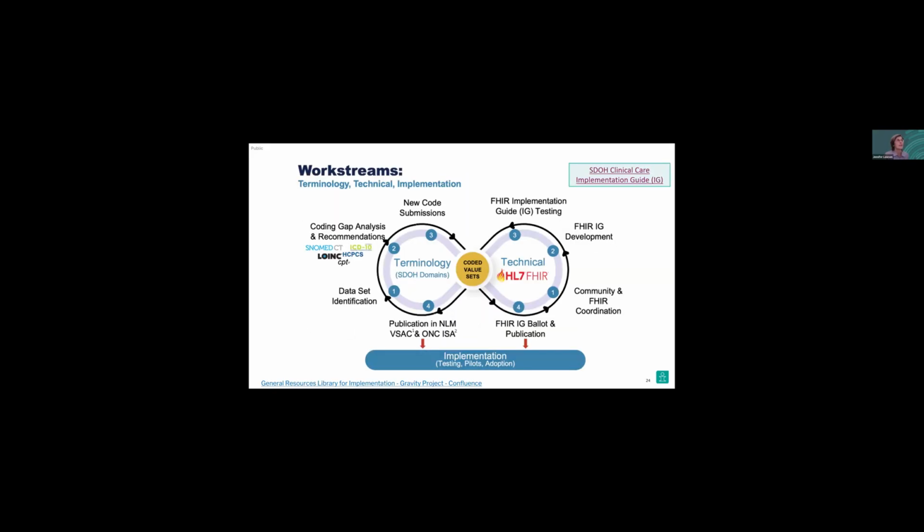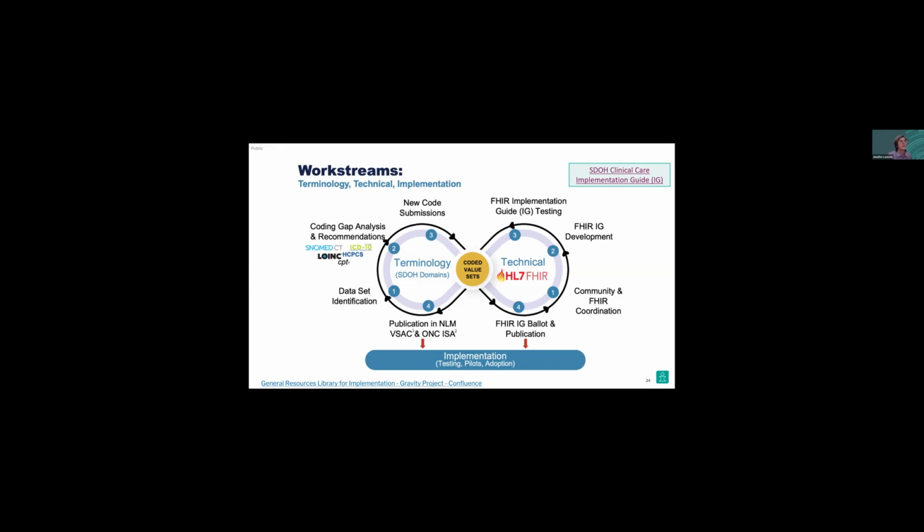3 interconnecting work streams guide Gravity's work. The terminology work ensures concept coverage for Gravity's ESTO domains from coding systems like SNOMED CT, LOINC, and ICD-10. Their technical domain translates their data elements and value sets to HL7 FHIR specification, which is balloted and published with regular new releases.